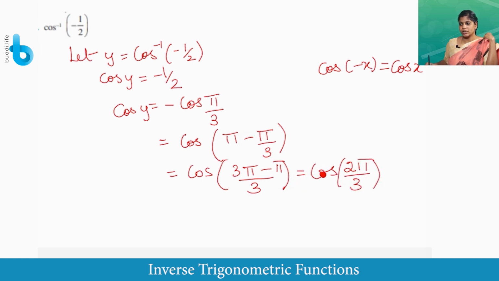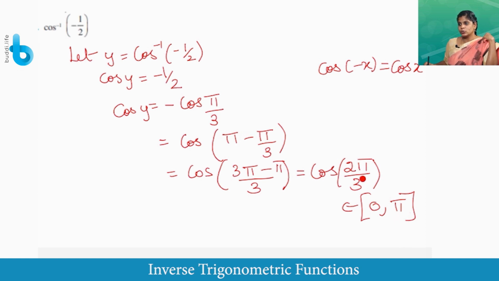Okay, now we have to find whether this 2 pi by 3 lies under the principal value range. So, what is the value which should lie between 0 to pi? That is a closed bracket, 0 to pi. Check 2 pi by 3 value. 0 is 0 angle, pi is 180 degree.